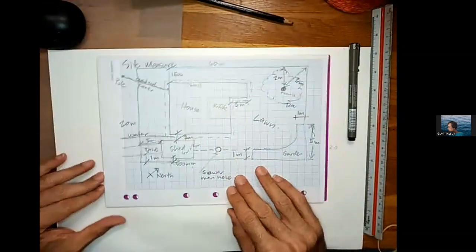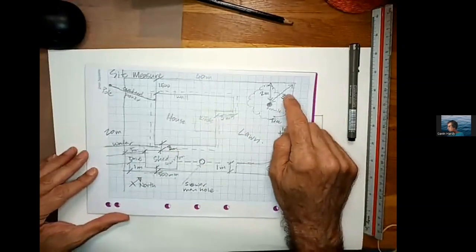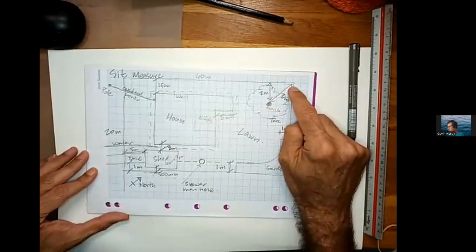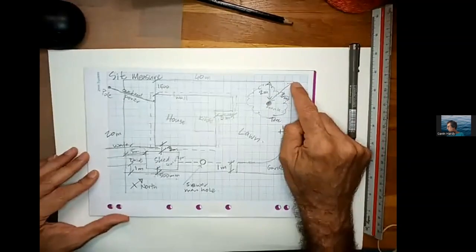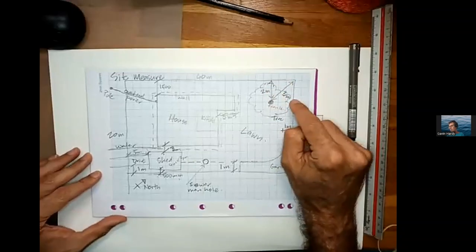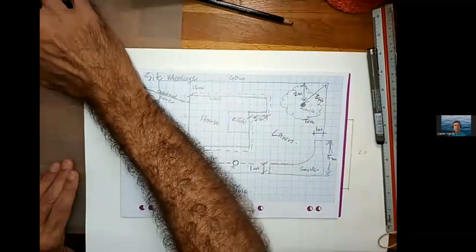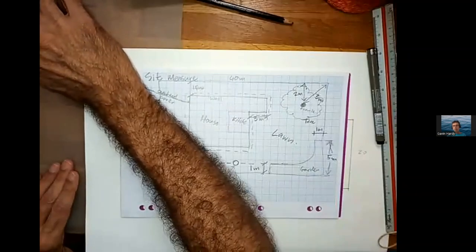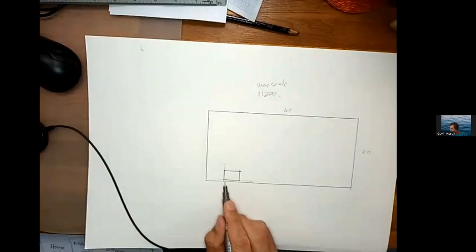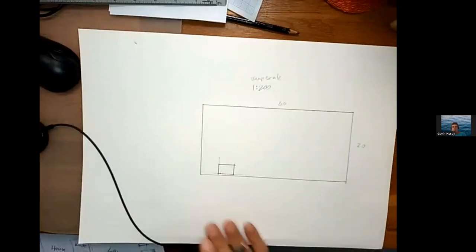So the next thing I'm going to do is indicate or plot out the location of the tree. Okay, so to do that, I'd want to be using a compass. So I'm going to come back and show you how to do that. Okay, so I've plotted in the shed on our site.